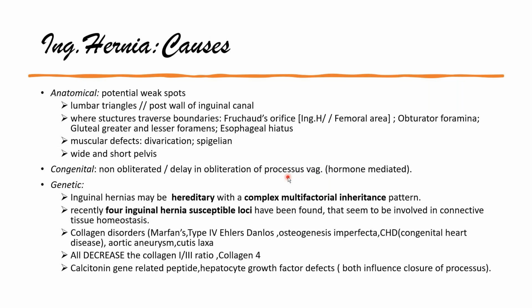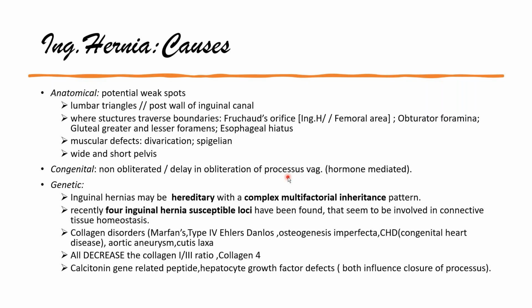Now, coming to genetic causes, inguinal hernias may be hereditary, and it is usually a result of a complex multifactorial inheritance pattern. And they have recently identified 4 inguinal hernia susceptibility loci. Right? They are all dealing with connective tissue homeostasis. Now, if you look at a number of collagen disorders in which inguinal hernia is very common, it is very well documented.